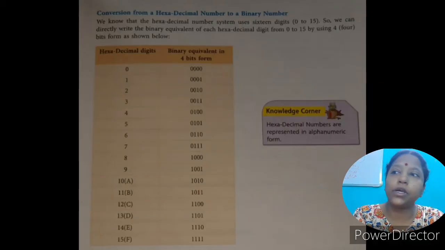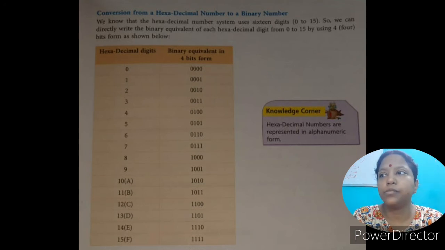Now the next topic, conversion from hexadecimal number to the binary number. We know that the hexadecimal number system uses 16 digits, 0 to 15. So we can directly write the binary equivalent of each hexadecimal digit from 0 to 15 by using 4-bit.